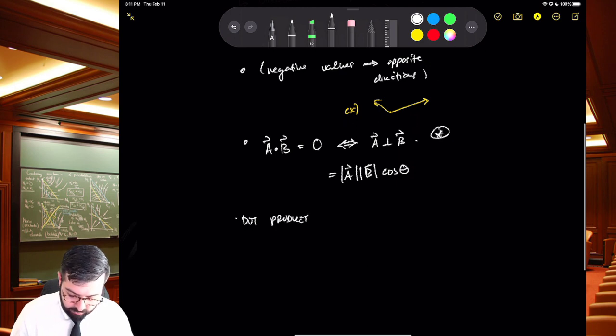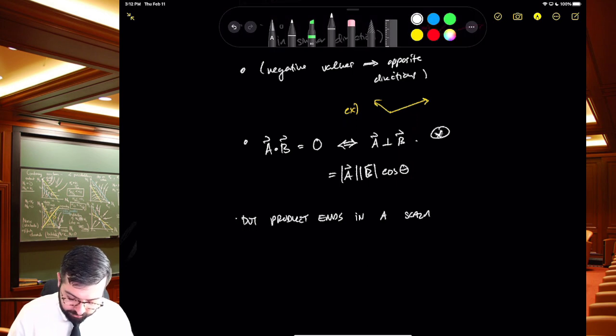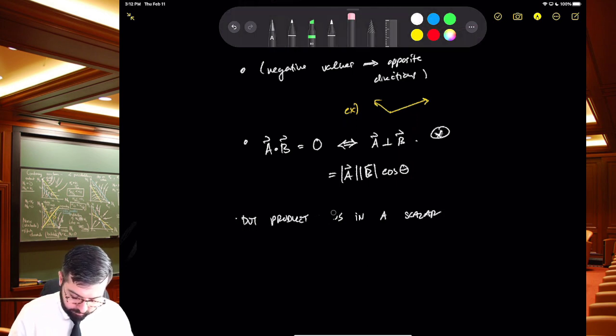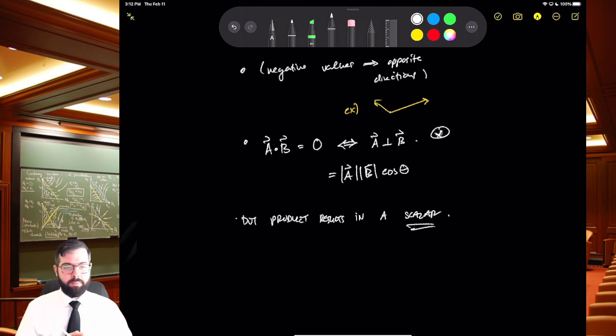Yes, thanks. And who was that? Sorry? Courtney, thanks. Dot product ends in a scalar, or results in a scalar. Okay, so you start with two vectors, end up with a scalar.